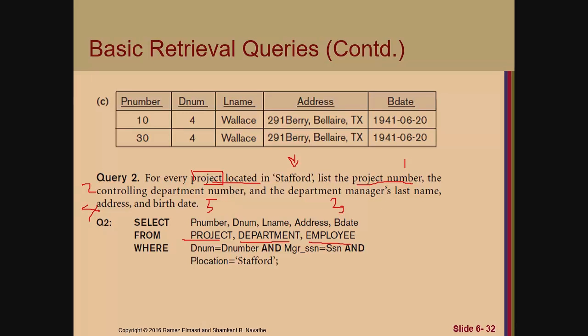So you have to know the relations, the foreign keys and primary keys, all of the relations in the database, and then you can understand how to get the data.